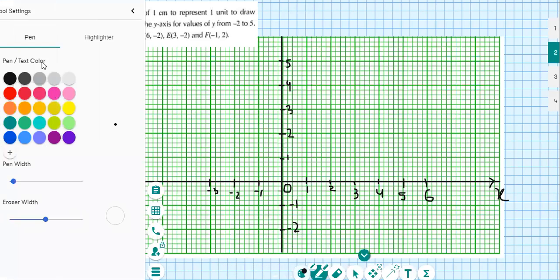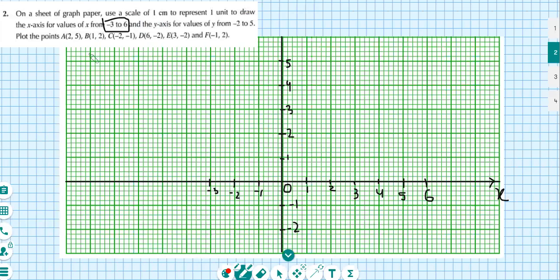Now you have to plot these given points. First one is A (2, 5). So it means 2 is x coordinate and y coordinate will be 5. We have to first place our pencil at origin. (2, 5) means 2 steps ahead along positive x-axis.